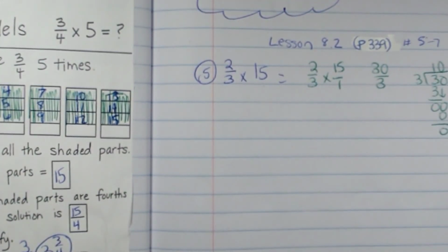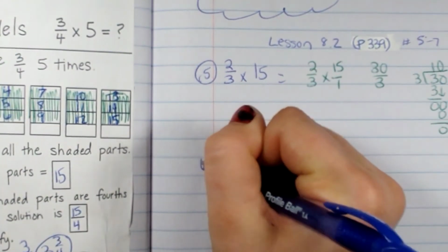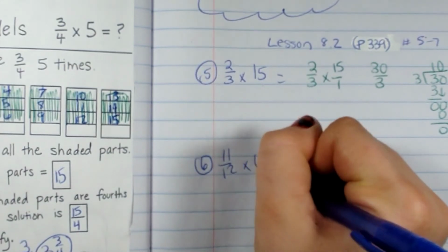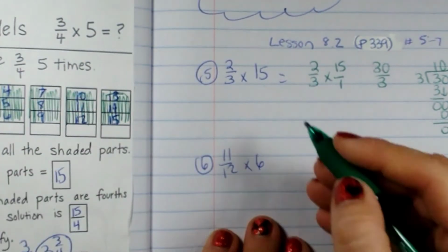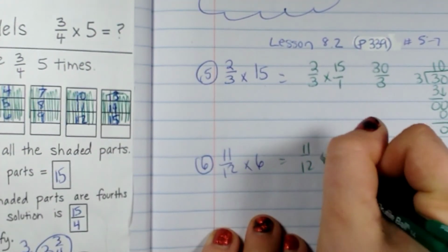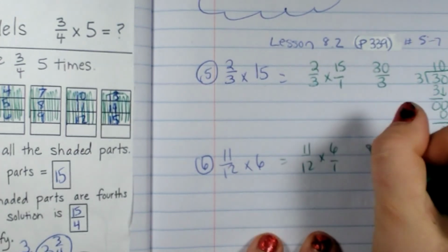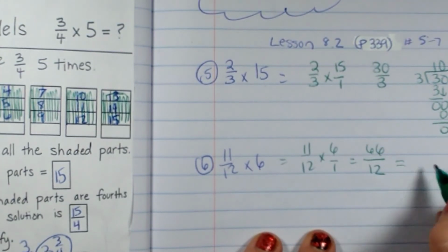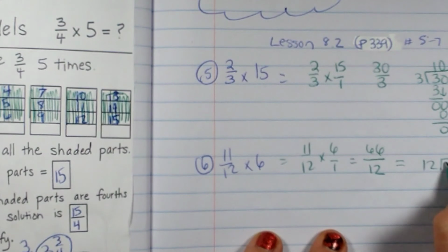My next one is number 6, which is 11/12 of 6. So I'm going to rewrite this as 11/12 times 6/1, which would be 66/12. Now I'm going to simplify. How many times does 12 go into 66?